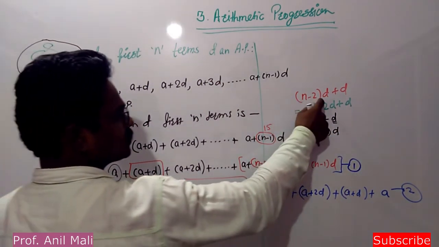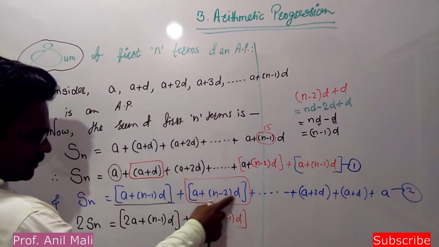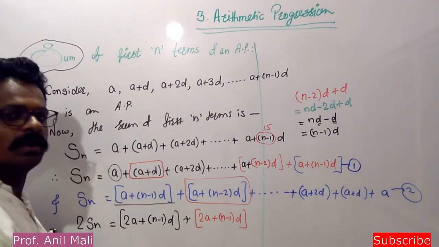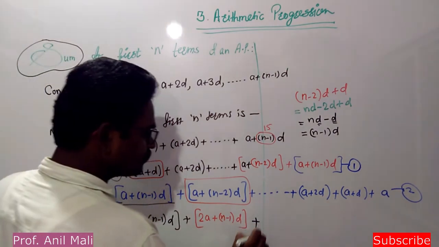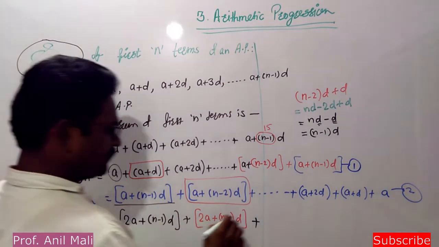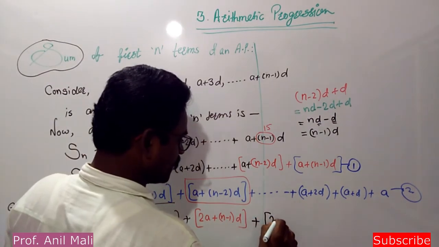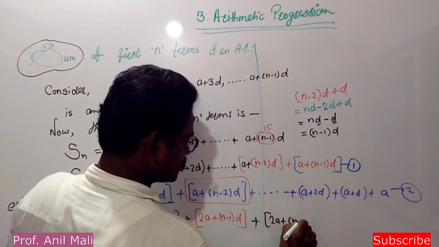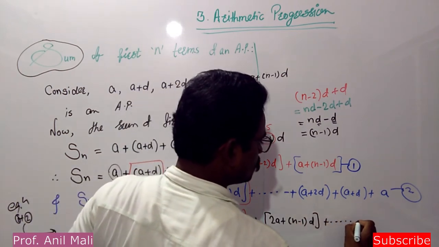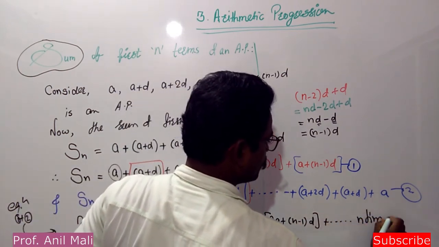Okay, so (n minus 2)d plus d, it will become 2a plus (n minus 1) into d. In the same way every term you will get like this only, 2a plus (n minus 1) into d, plus and so on, n times. How many times?